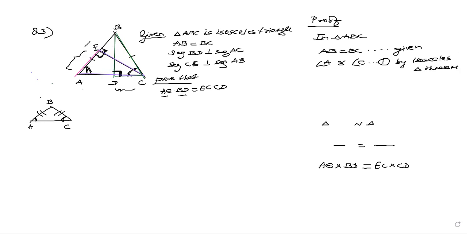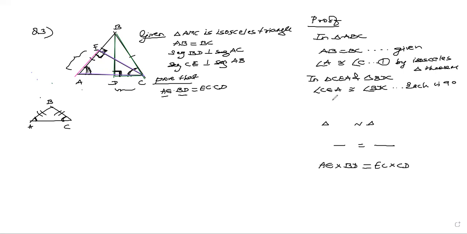So look here, in triangle CEA and triangle BDC, one-to-one correspondence, CEA so it should be BDC. Angle CEA congruent to angle BDC, each is 90 degrees.